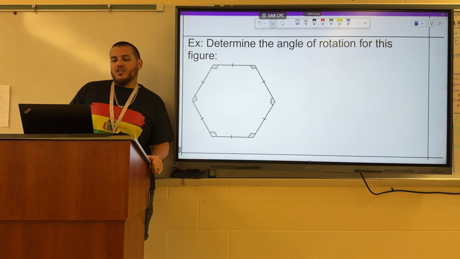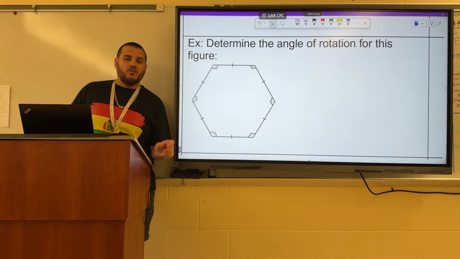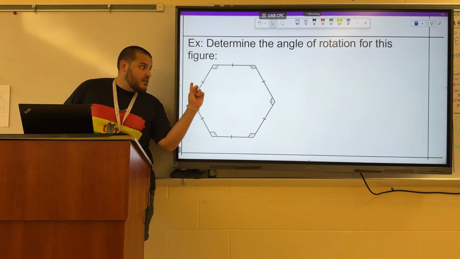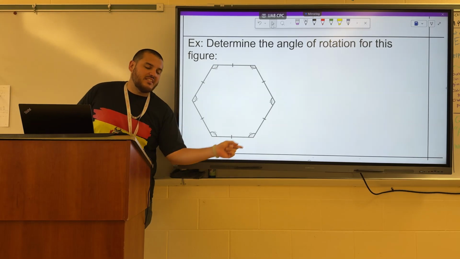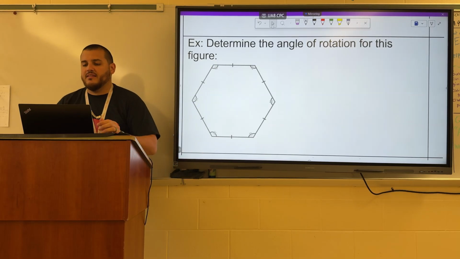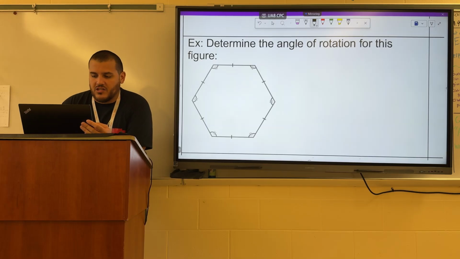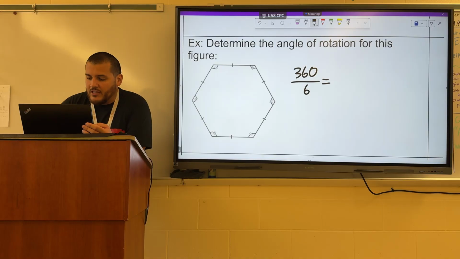Let's put this information to use. We're going to determine the angle of rotation for this figure. Again, we can identify from the congruent angles and congruent sides that this is a regular polygon. I have 6 sides on this hexagon here, so to find the angle of rotation, I'm just doing 360 divided by that number of sides. That would give me an angle of rotation of 60 degrees.